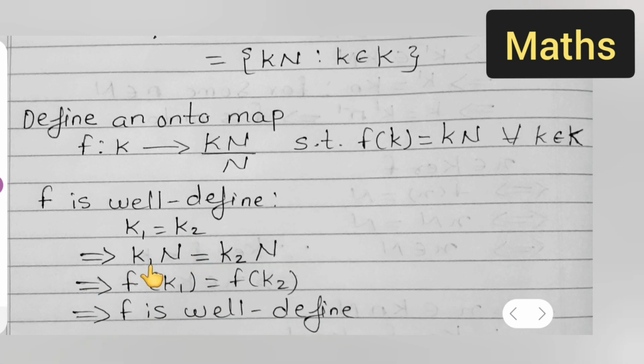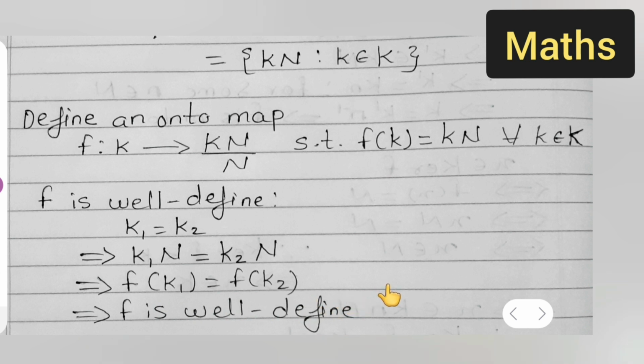This implies that k1 N is equal to k2 N. Now this implies f of k1 equals f of k2, because kN is equal to f of k, so we are using this over here. So this implies that f is well defined.